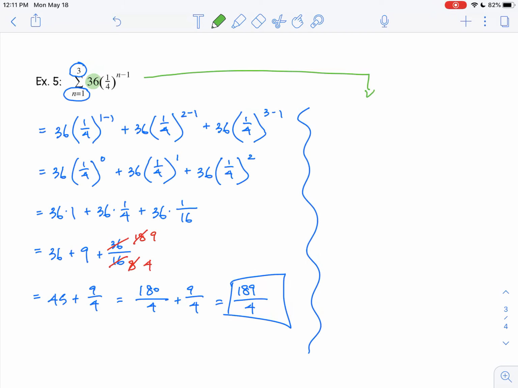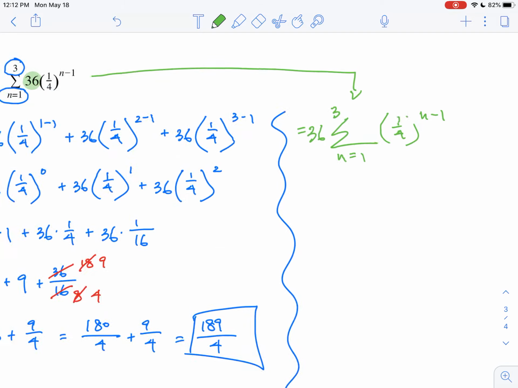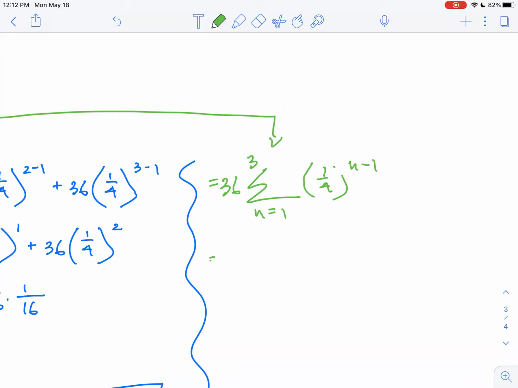So what I mean by that is I could have started by saying this is going to be equal to 36 times the summation from n equals 1 to 3 of just the 1/4 to the n minus 1 part. And what that would do for me is keep the numbers a little bit smaller, because now I just plug in 1, 2, and 3.